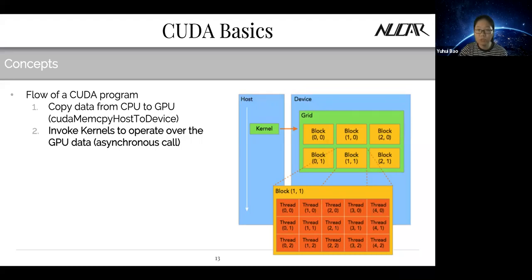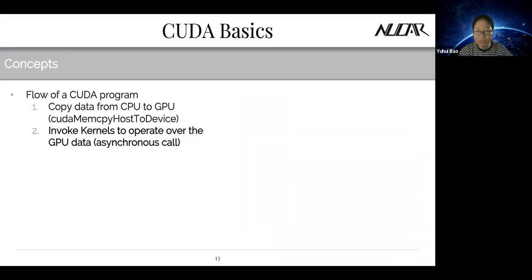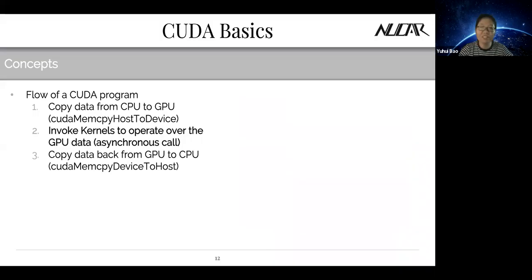The other thing I need to mention is the number of threads in the block is the same if the blocks are all in the same grid. Let me rephrase that. All the blocks in the same grid have the same number of threads. So there are 6 blocks, and each block has 15 threads.